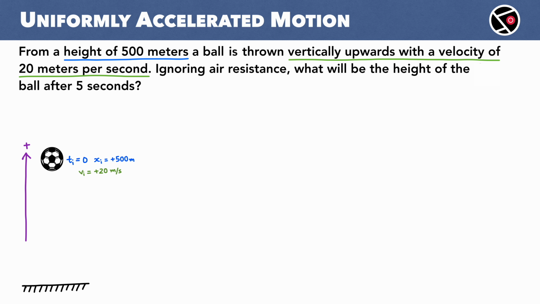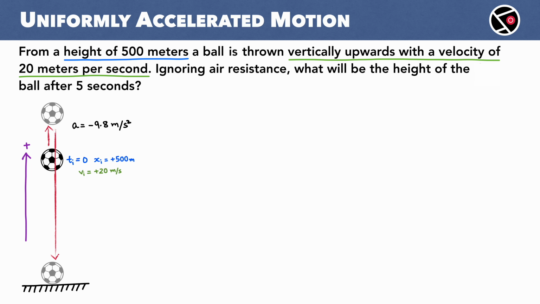The ball moves up, reaches a certain height, reverses direction and falls back to the ground. During this journey, we have acceleration due to gravity acting on the ball. It is constant at minus 9.8 meters per second square. We are assuming upward direction to be positive for this problem. Now, as acceleration due to gravity is acting in the downward direction, it is negative.